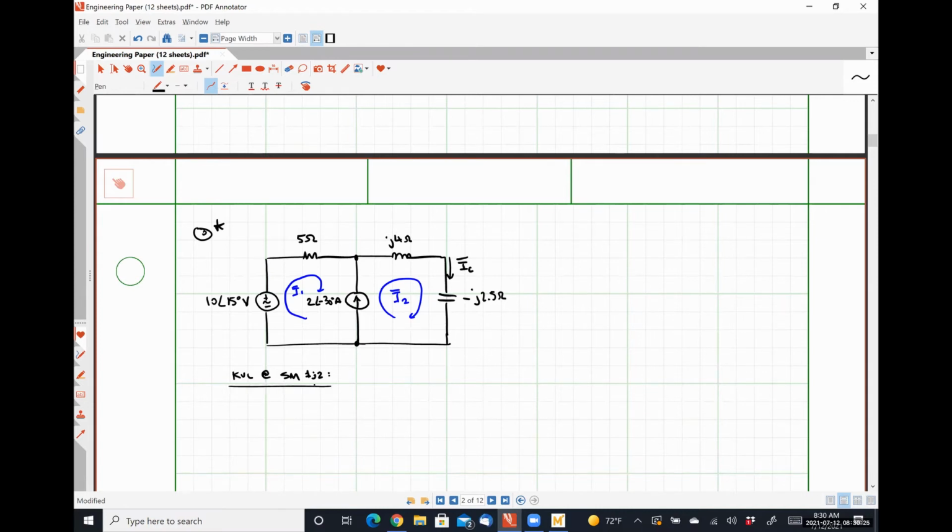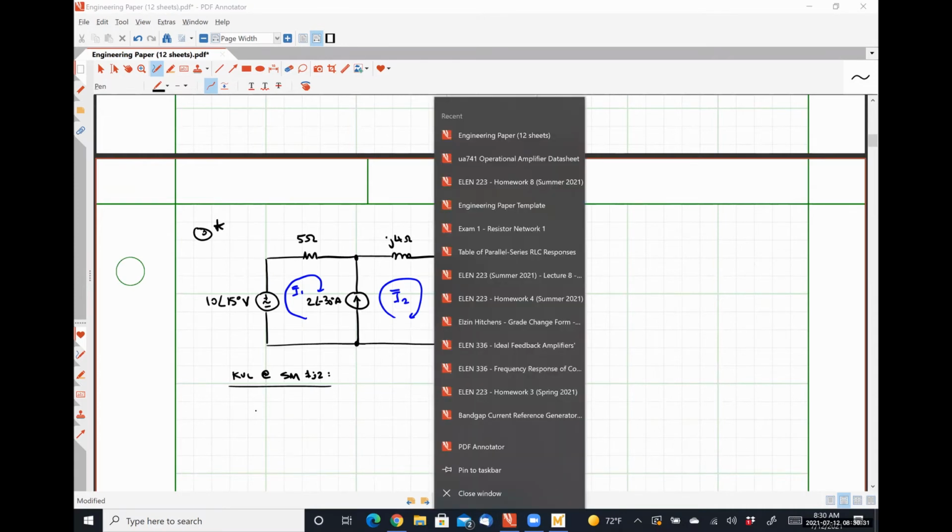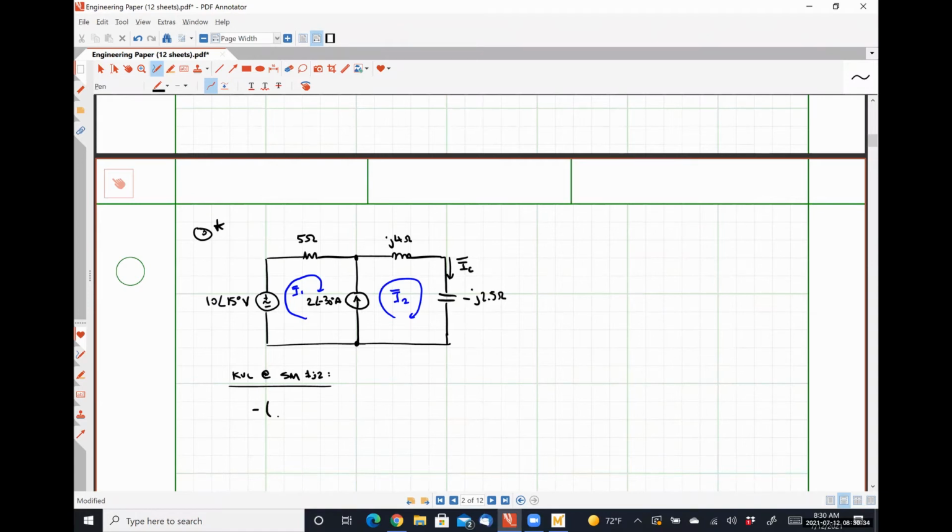So starting at the bottom left-hand corner, we see the negative polarity terminal of our voltage source first. So, sorry, negative 10 angle 15 degrees volts plus 5 ohms times mesh current I1 plus J4 ohms times mesh current I2 plus negative J2.5 ohms times mesh current I2 is equal to 0.